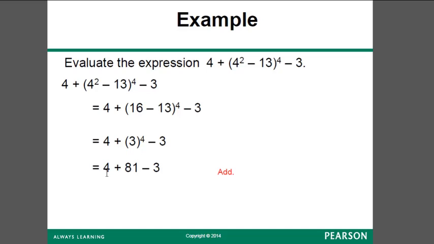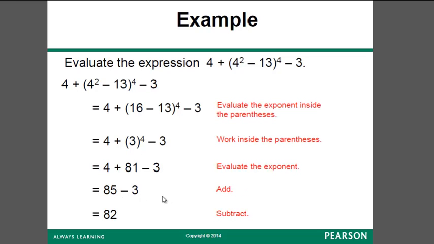I do not have any multiplication or division, so I must add or subtract. And again, remember, do it in order from left to right. So the first operation that comes into play would be the addition, 4 plus 81, which gives me 85. My final step would be to subtract 85 minus 3, giving me 82.